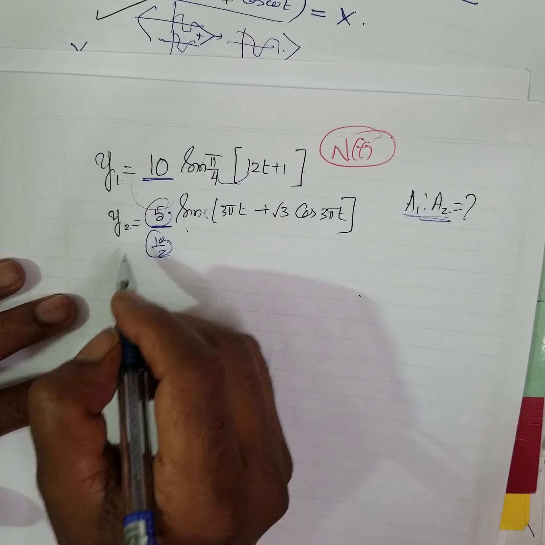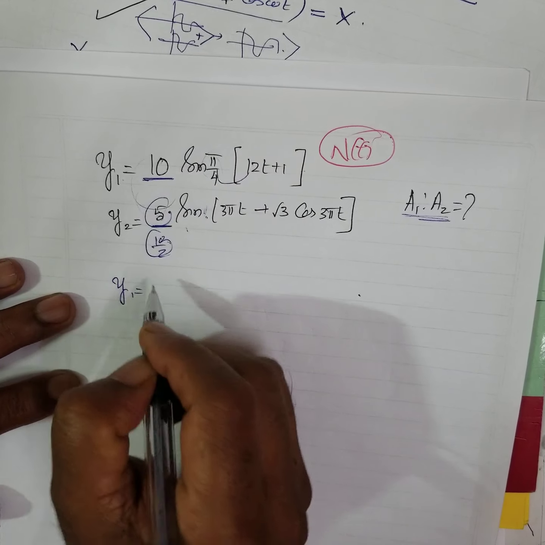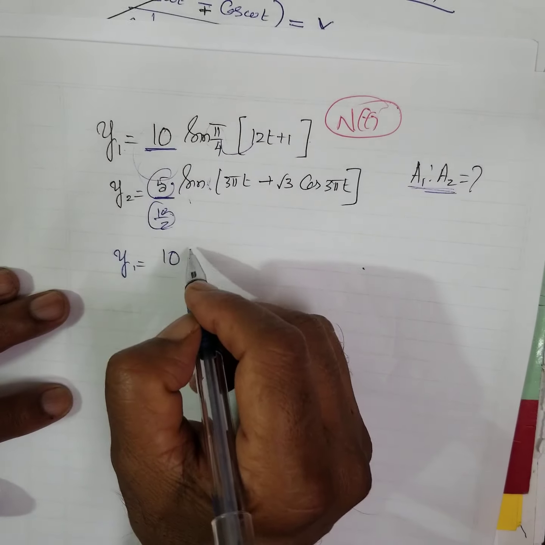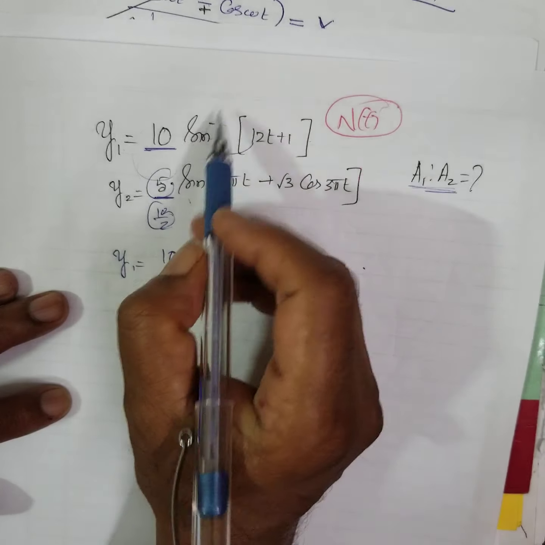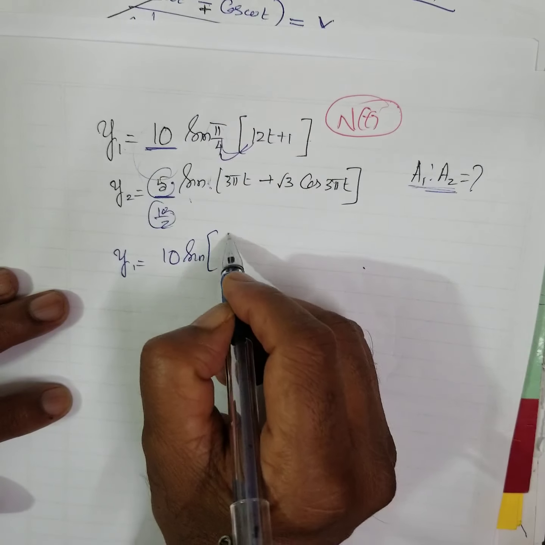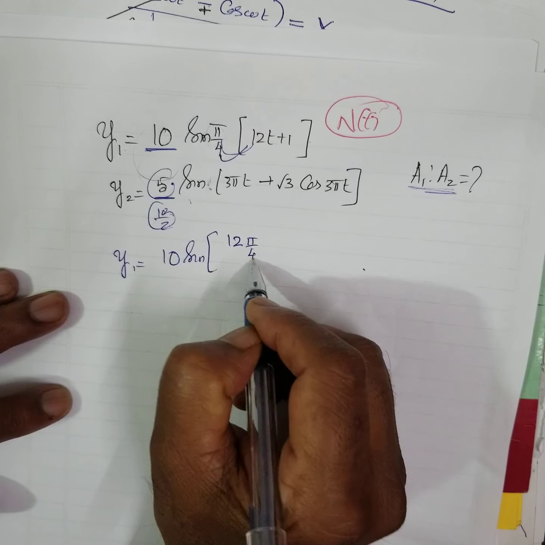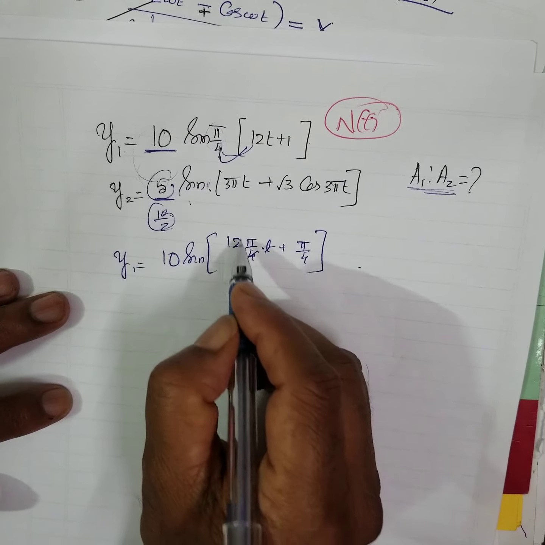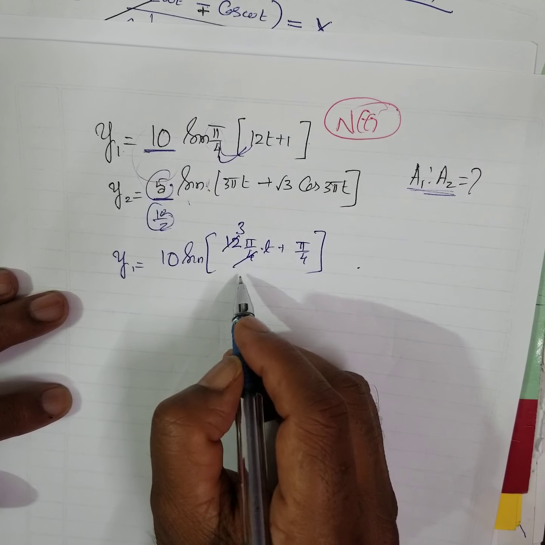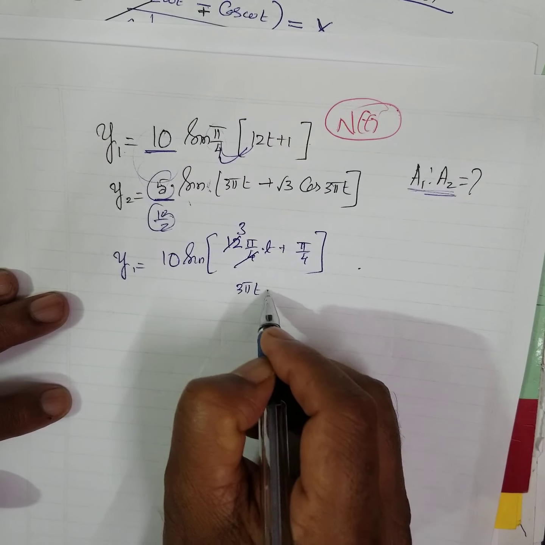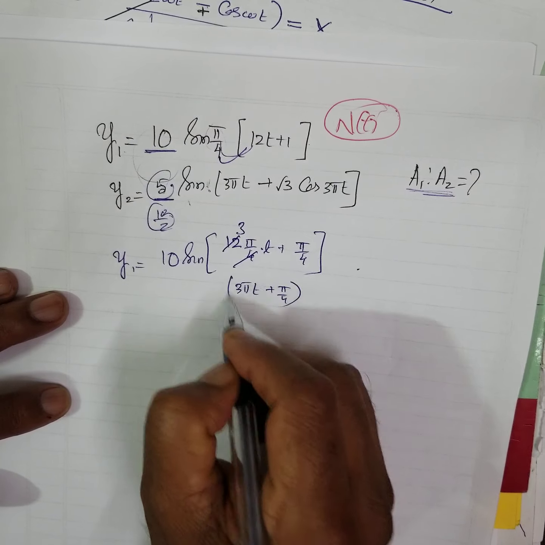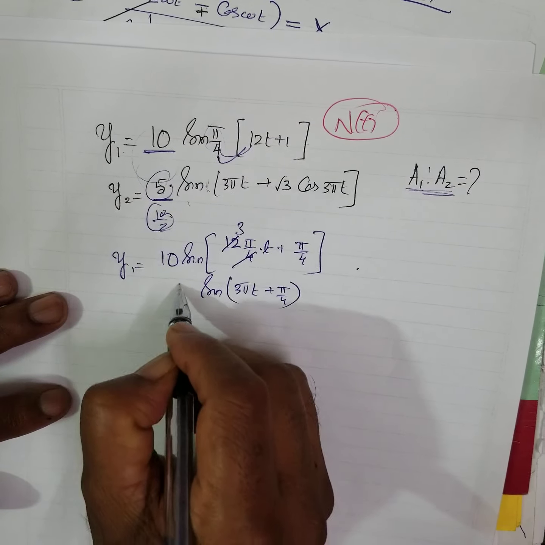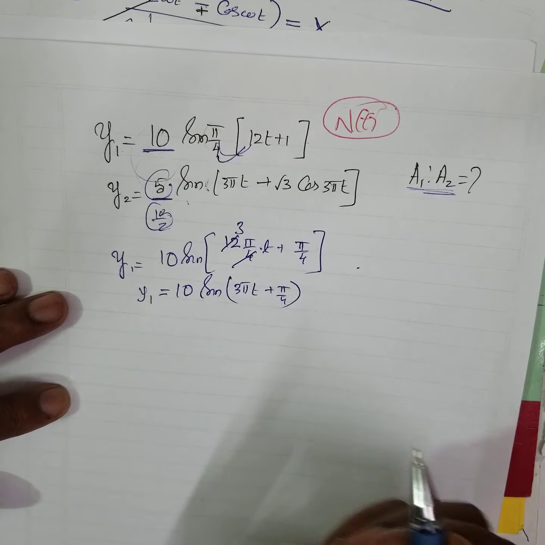Suppose y1 is equal to 10 sine, if I take it inside, what will happen? 12 pi by 4t plus pi by 4. Then it will go 3 times. Therefore y1 is 10 sine 3 pi t plus pi by 4.